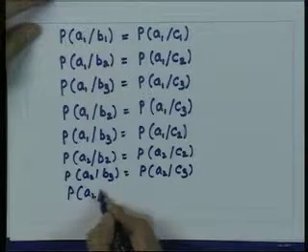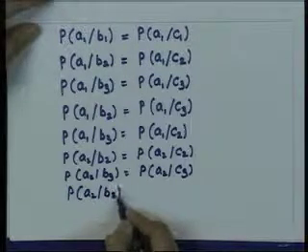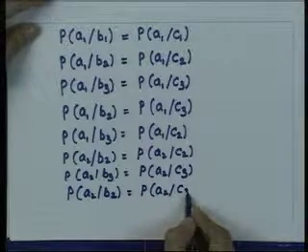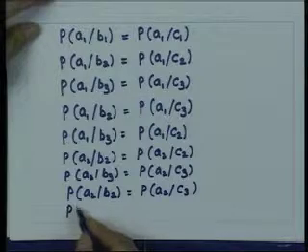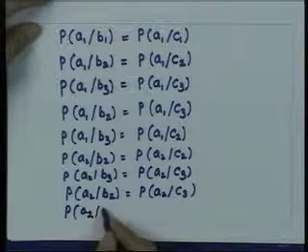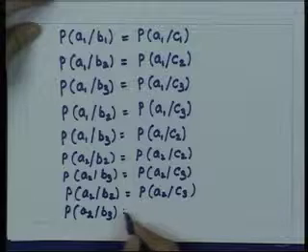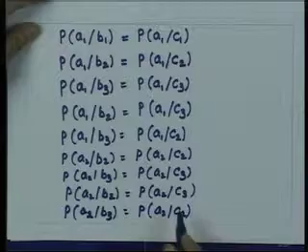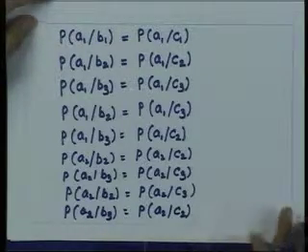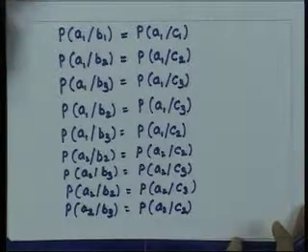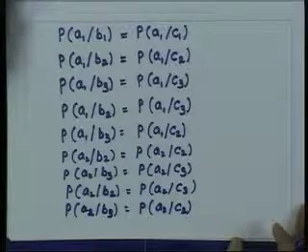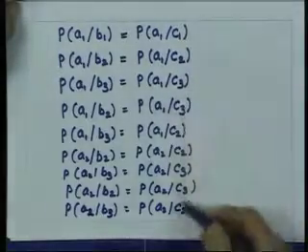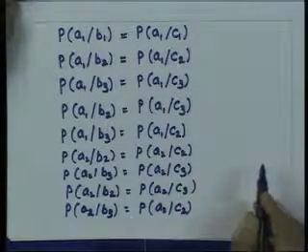So, if we want the mutual information of the cascaded channel I A C to be equal to I A B, then all these conditional probabilities should be equal.